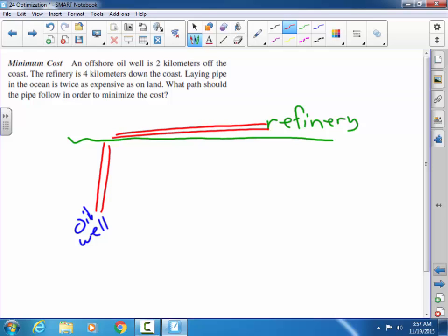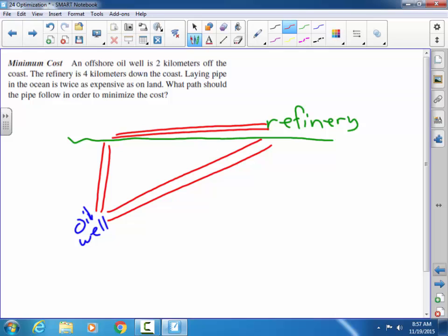Agreed? Another possibility would be to go straight to the refinery. But we could do anything in between also. Now, if we're trying to minimize distance, which one do we do? Through the hypotenuse. Shortest distance between 2 points is a straight line.